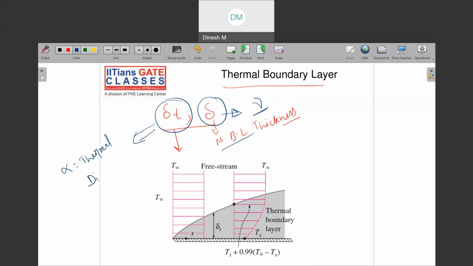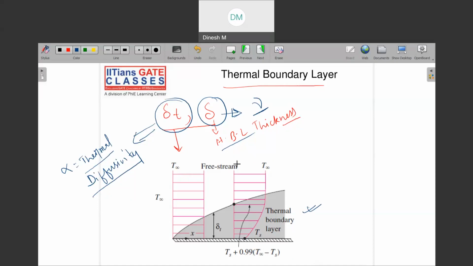Alpha will decide in the case of the thermal boundary layer what happens with the thermal boundary layer thickness. So now I know what the thermal boundary layer is and what the hydrodynamic boundary layer is.